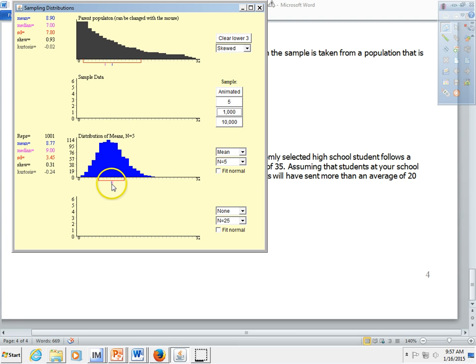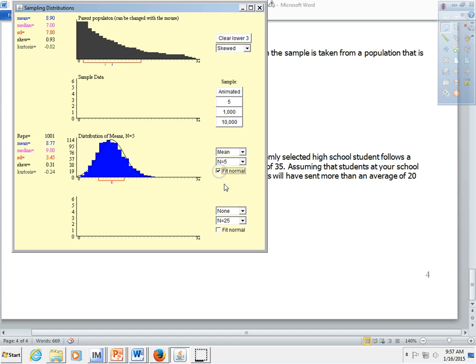You can see down here that the mean and median are not quite the same, but they're pretty close. They're definitely closer than they were for the population. So what does that mean? We are getting closer to symmetric. We are getting closer to what we hope to be a normal distribution.